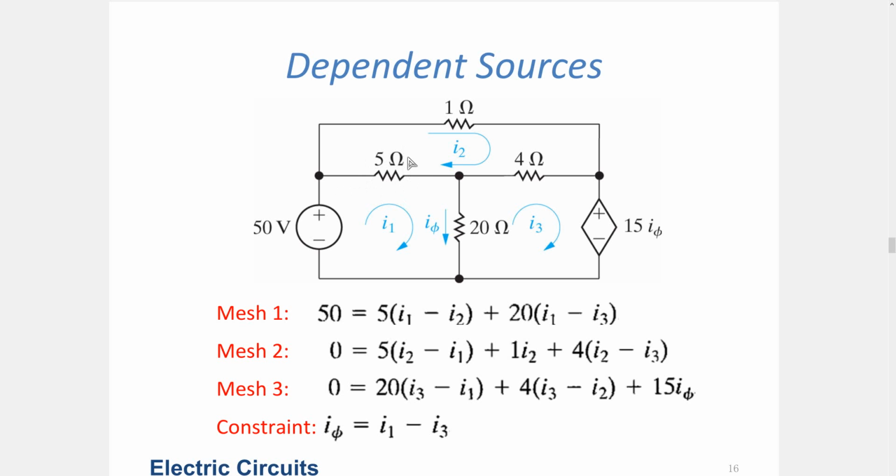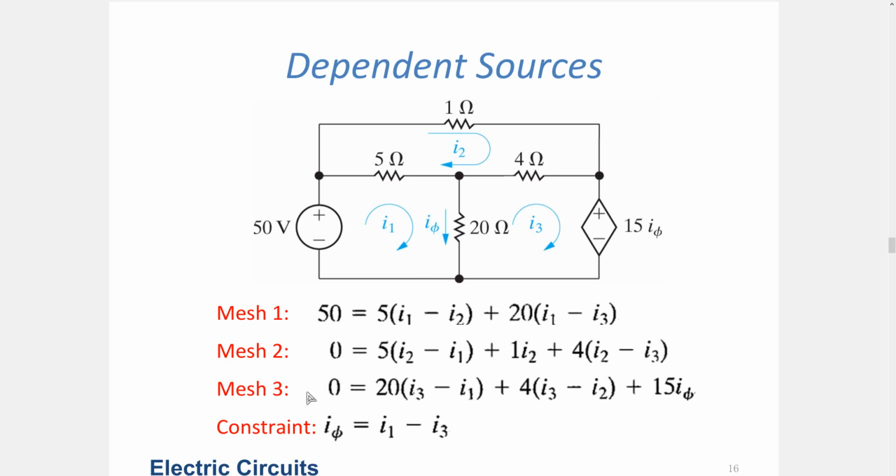Minus 5 times I1 minus I2 plus 1 ohm times I2 plus 4 ohms times I2 minus I3, because they are opposing each other, will sum to 0. And since I have a negative sign, I can just redistribute it inside the parentheses to make it look positive, like this. I1 and I2 interchanged. Then the second equation is established.